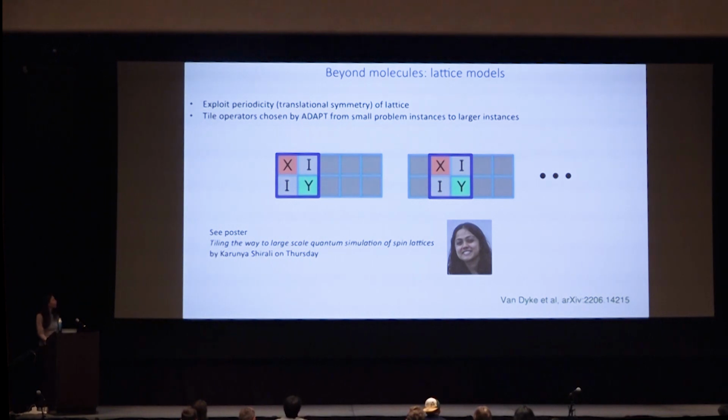So before we wrap up, let me also mention that you can use this approach for other things beyond molecules. All the examples I showed you were for molecules, but you can look at matter problems that have translational symmetry.